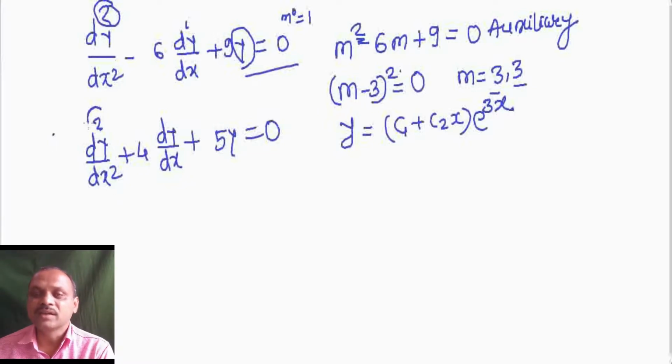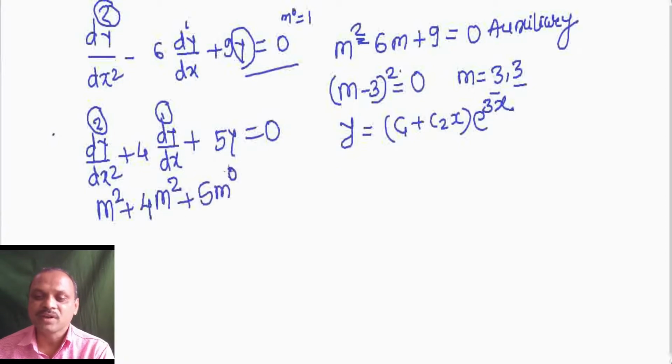So look at the order of this differential equation, and write down the power indices of m as equal to the order of the differential coefficient. Then here is a 1, so we write it as m² + 4 times m + 5. Here is nothing, that means m raised to 0, and m raised to 0 is 1.